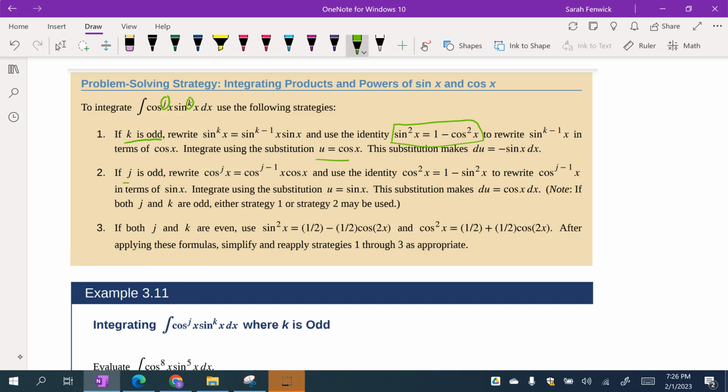If j is odd, which is on the cosine, then you do basically the same idea, but switching the cosine with the sine. If both powers are even, then we use that power reducing formula that I gave you. And you should have these formulas in the trig identity section of the book.